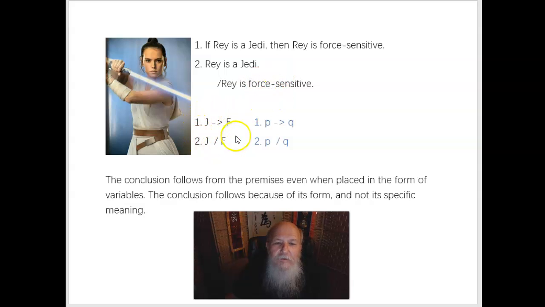But we could symbolize it with our dictionary and get if J then F, J, therefore F, to abstract the form: if P then Q, P, therefore Q. And you can see here that just by looking at the variables, like just by looking at modus ponens, you can see that this premise and this premise support or lead to this conclusion. The point is, the conclusion follows from the premises even when placed in the form of variables. The conclusion follows because of its form and not its specific content or meaning.